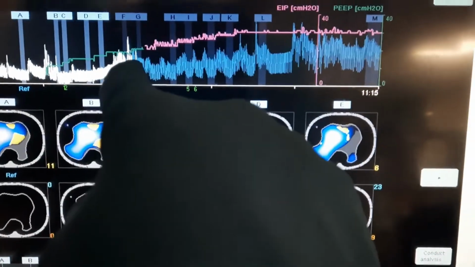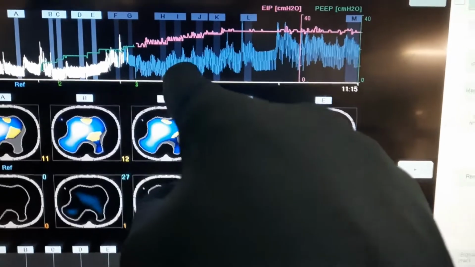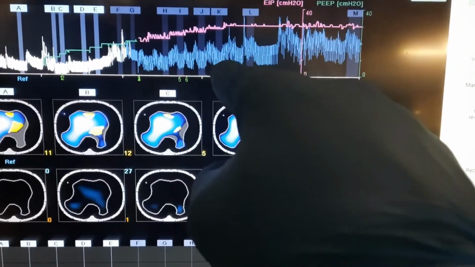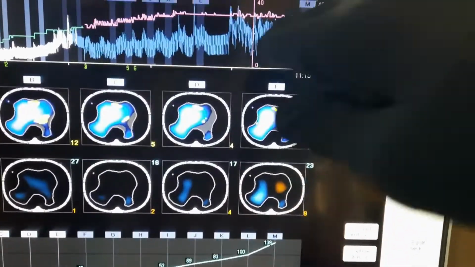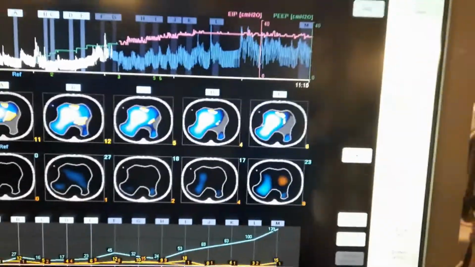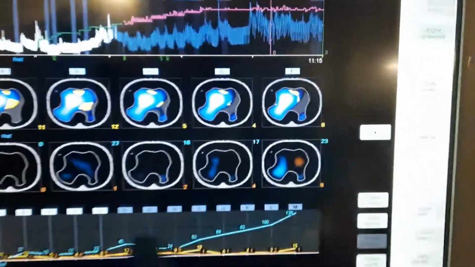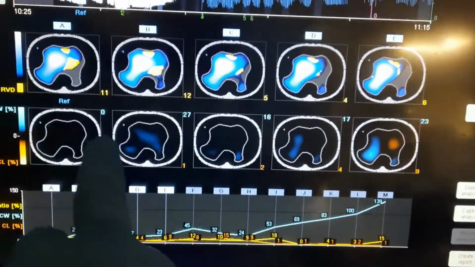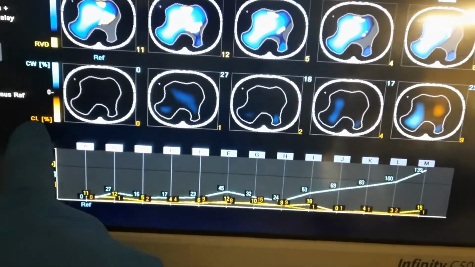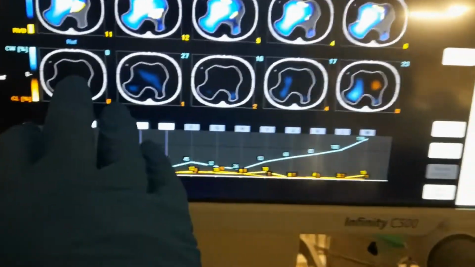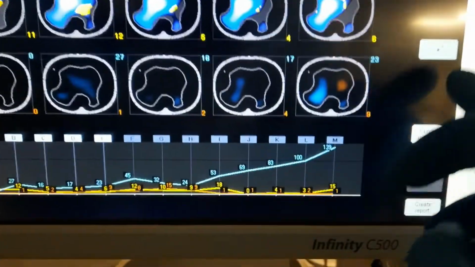Underneath here, we have the end expiratory lung volume, which represents your functional residual capacity. So if you're creeping up higher and you're seeing it trend upwards, right away you know you're getting some kind of recruitment. So the blue here represents a compliance win, and the compliance loss would be in orange. So you don't want to see loss of compliance throughout the lung, you want to see blue increasing.